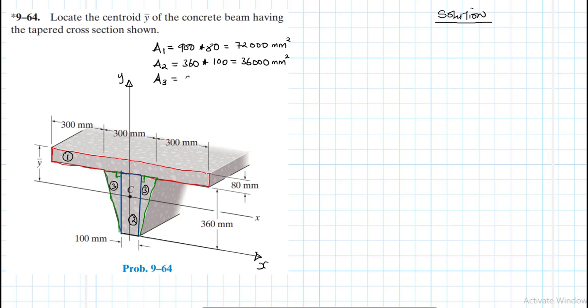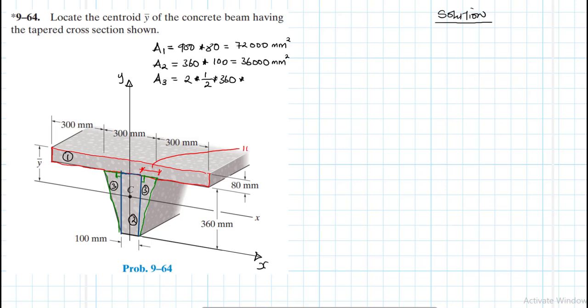Area 3 is 2 times half times 360 times, we need to find this length here, using this base. What is this base? We have 300 minus 100, which is 200. So 200 divided by 2 is 100.